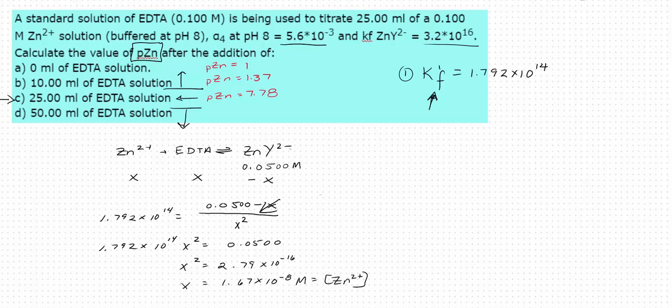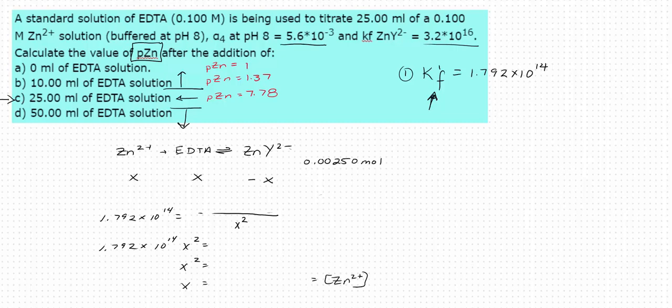Now at 50 milliliters of EDTA solution, we also have some calculating to do. So we're going to change a couple of things here, but it's going to be a very similar calculation. So now, rather than just having this complex, now we have an excess of EDTA. So we still have our 0.00250 moles of complex that were made because we've used up all of the zinc that we had, the 25 milliliters of zinc.